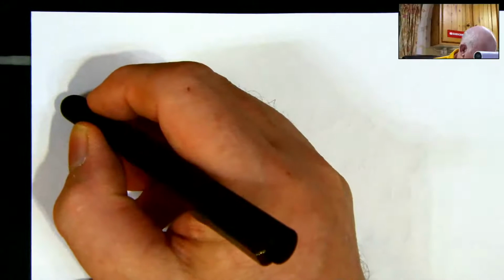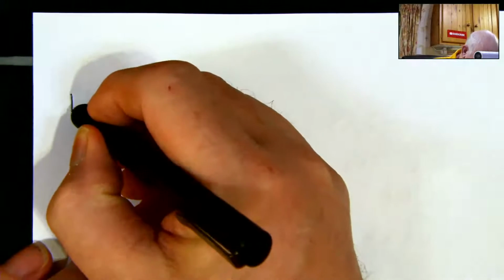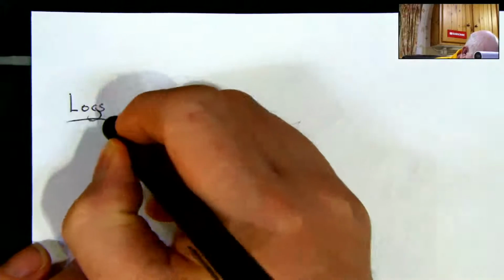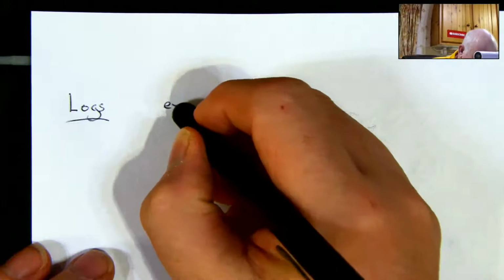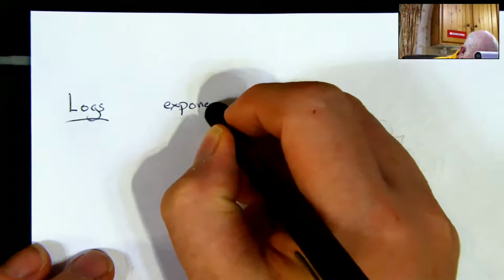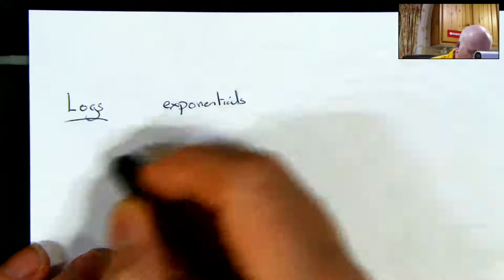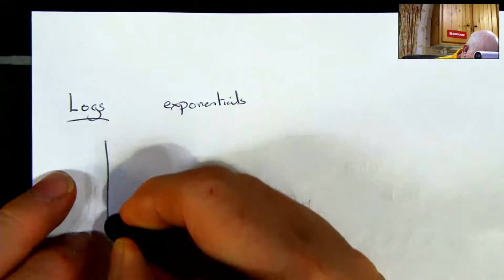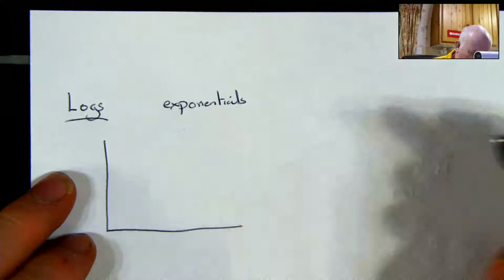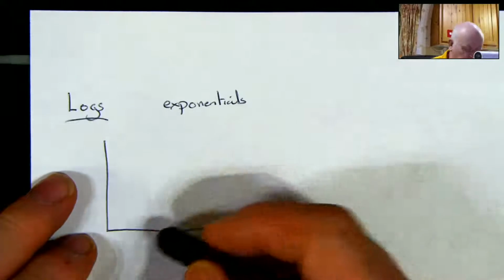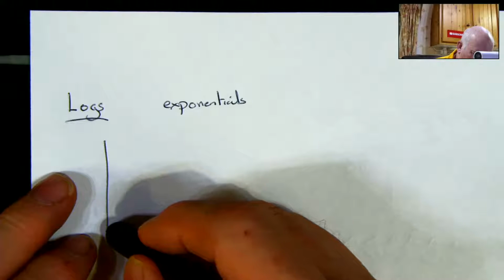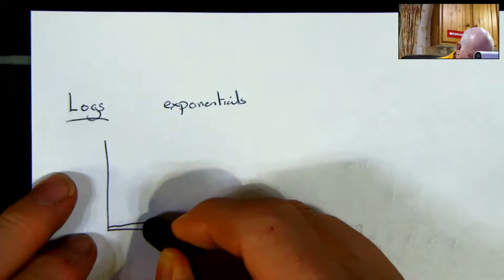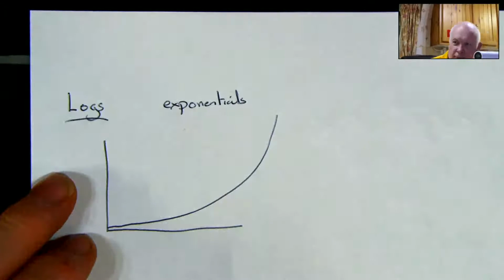Now, what I'm going to look at is a simple idea about a logarithmic system. So these funny things called logs, sometimes called exponentials. And I want to have a look at some of these. We've all seen on the news graphs showing people contracting the COVID-19 virus, and curves start to look like this sort of thing.